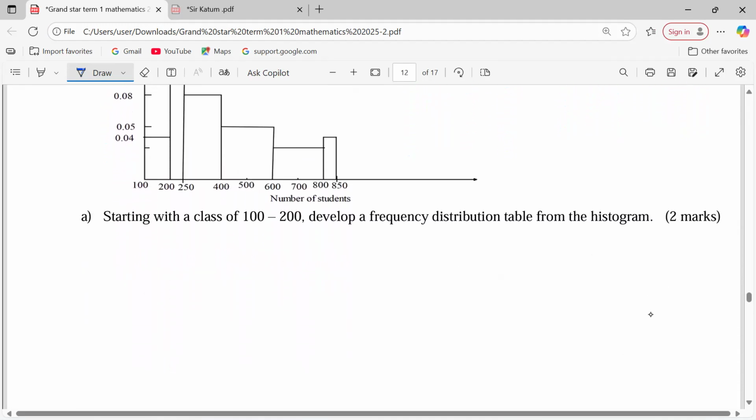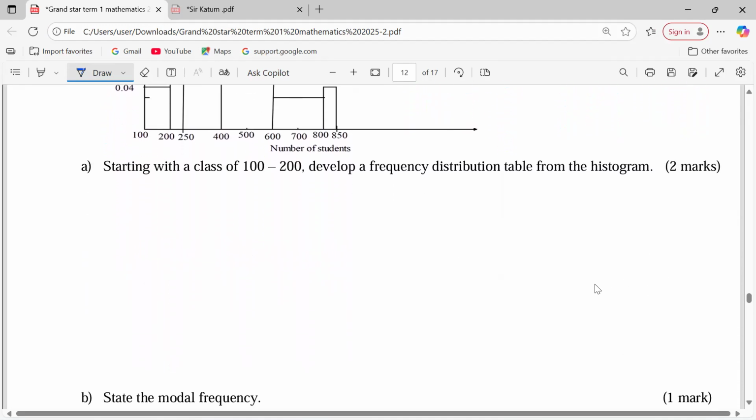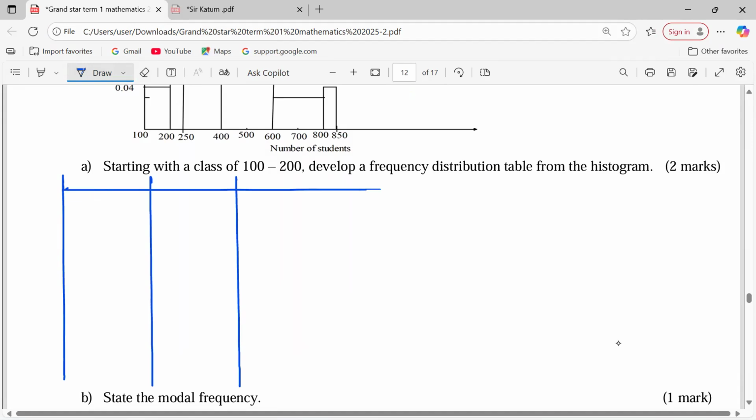So what we have here are boundaries. Let me design my table properly. We have the classes here, from 100 all the way to 200.